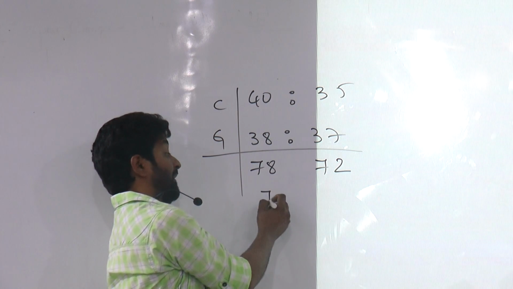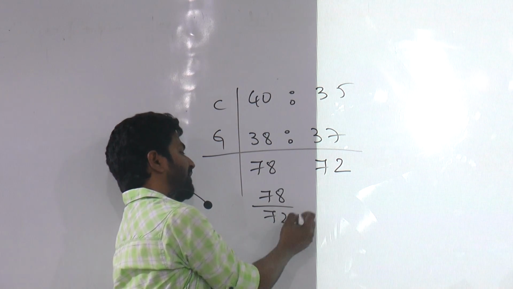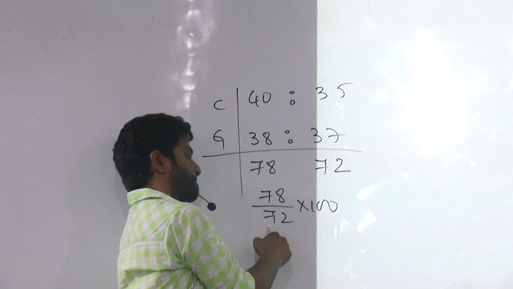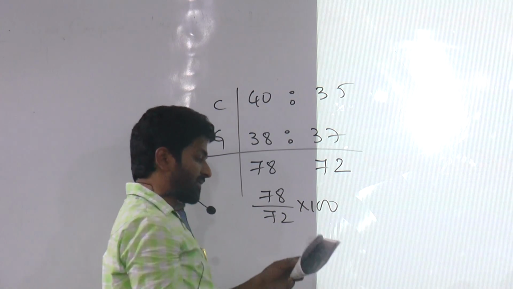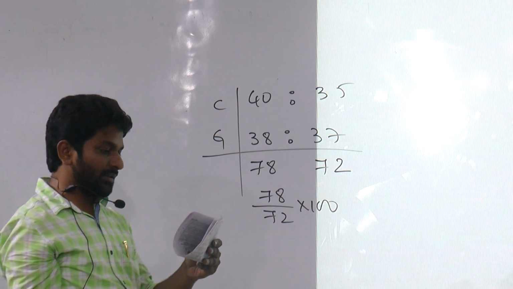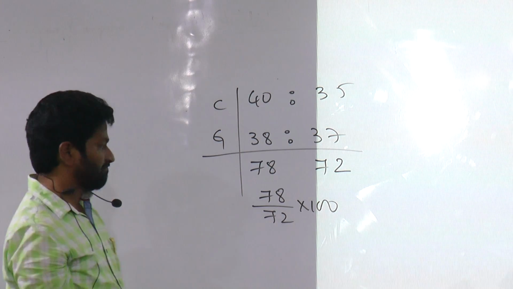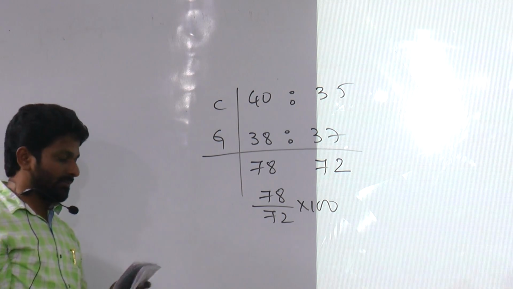So 78 by 72 into 100. 6, less than 10%. How many are there? Nearest answer 110%.